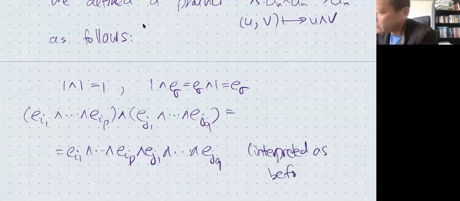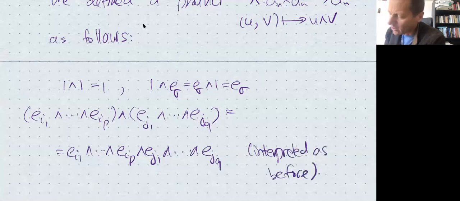I told you a few seconds ago how I want to interpret an expression like this where the indices are not necessarily ordered in increasing order. Sometimes it's 0 if there's repetition, and otherwise you can change the order and get some other expression. So you're seeing that I'm using this notation in order to define the product.